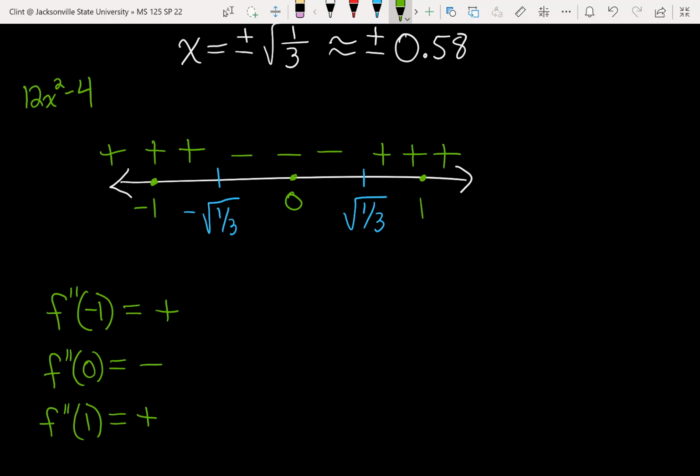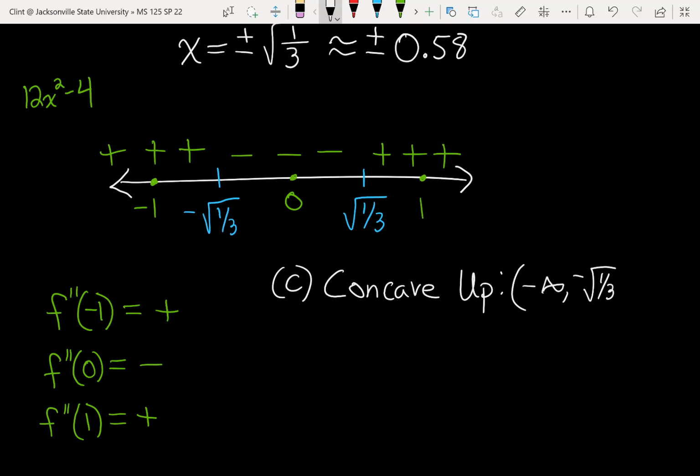Okay, so part C: where are we concave up, where are we concave down? We're concave up on negative infinity to negative square root of 1/3, and we're also concave up on square root of 1/3 to positive infinity.